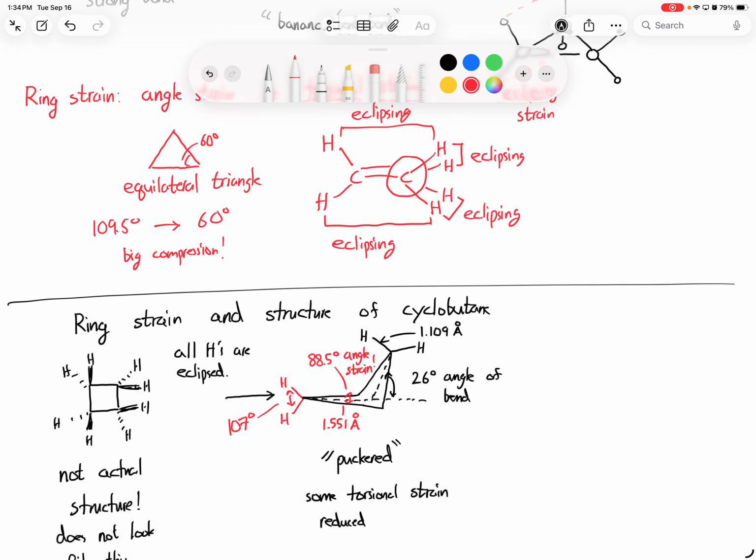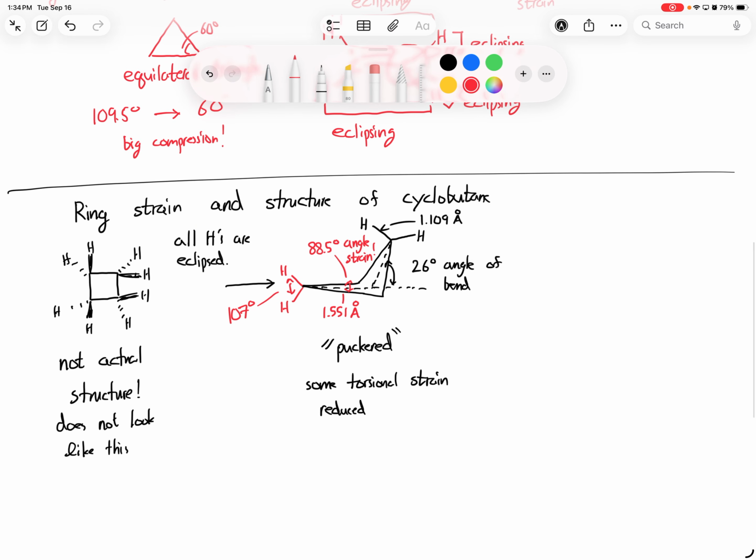And now let's talk about how this reduces the strain in the molecule. So let's draw another molecular model picture. All right. So I'm going to draw this. It looks like a trapezoid. Like that. Okay. So hopefully I can draw these hydrogens right. So these are the hydrogens.